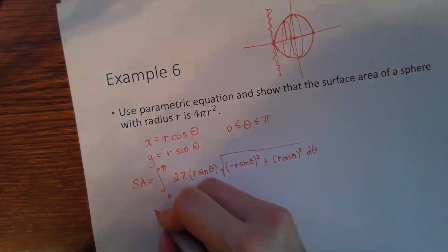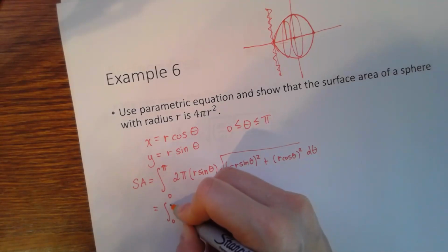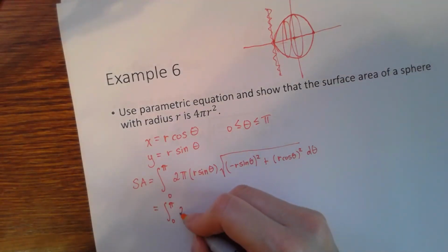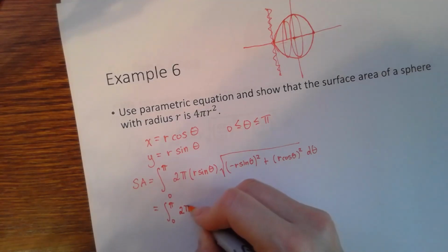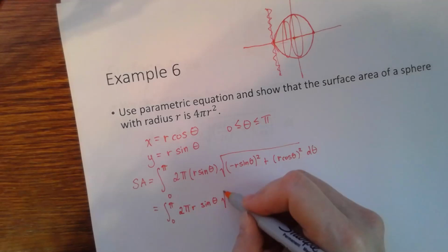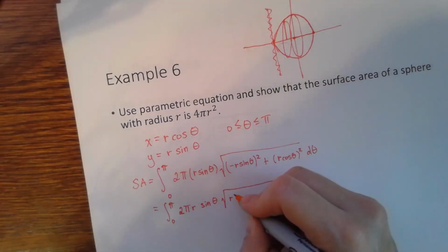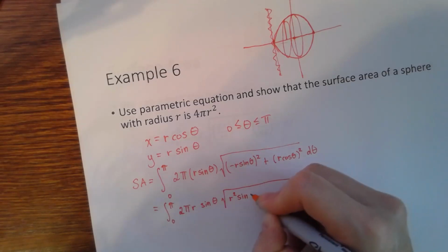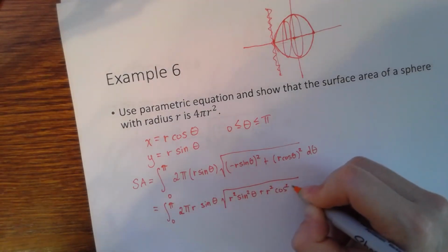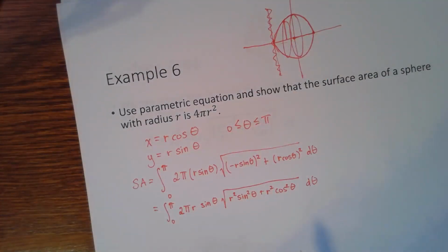Okay, so let's simplify this a little bit. This will be from 0 to pi. This is 2 pi r sine theta, and underneath here we've got the square root of r squared sine squared theta plus r squared cosine squared theta.